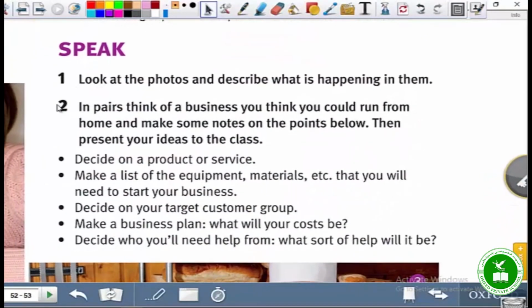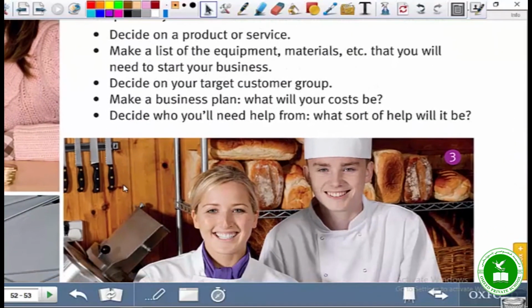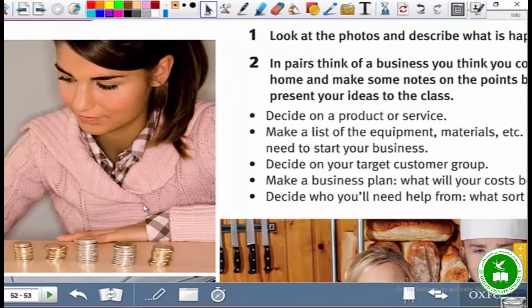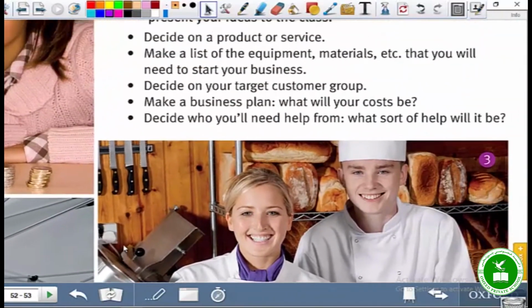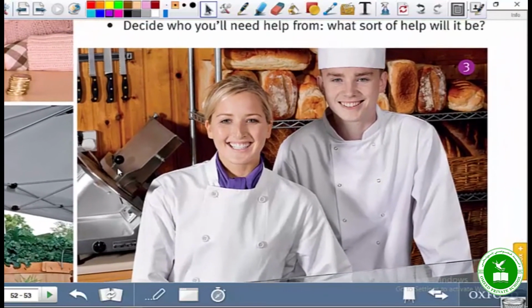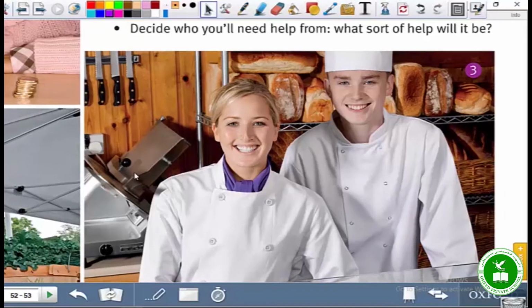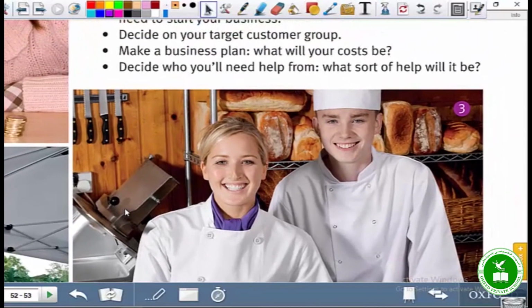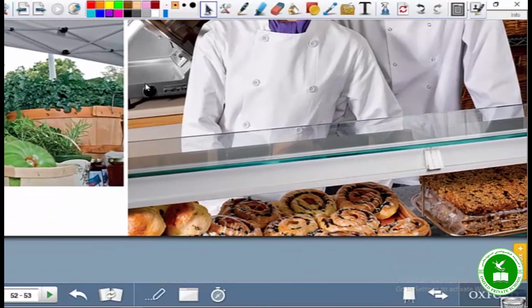Speaking part. It says to look at the photos and describe what is happening. We have 3 photos here: this is the first, the second one, and the third one. For example, in this photo, there are 2 people, 1 man and 1 woman. And here there is some bread and some sweet candy.